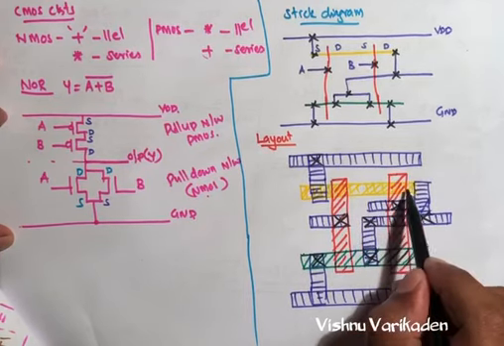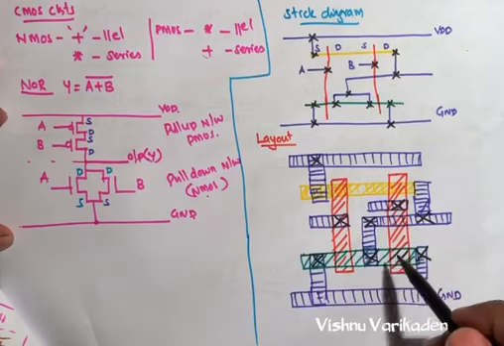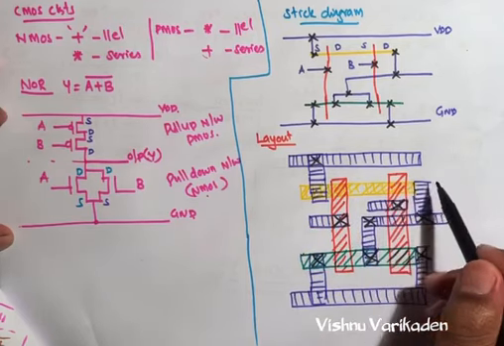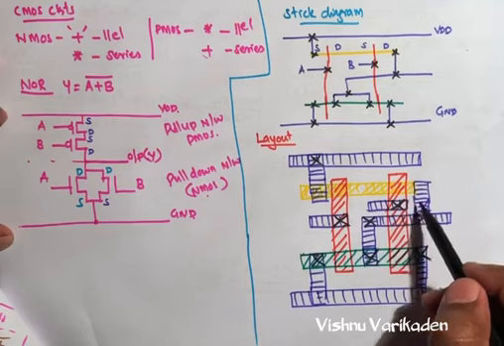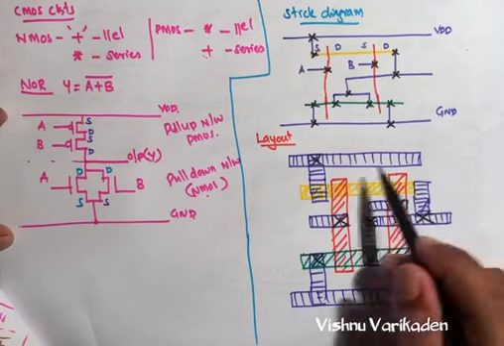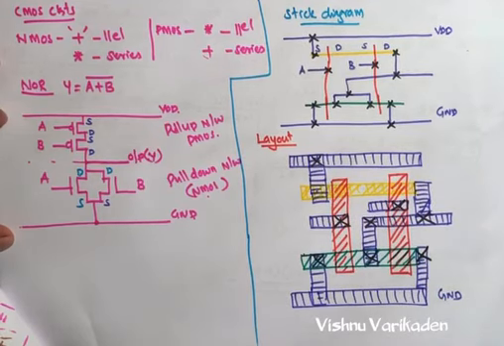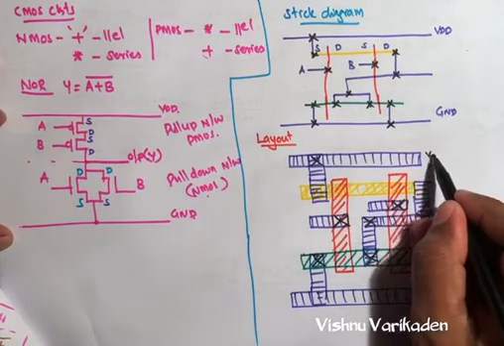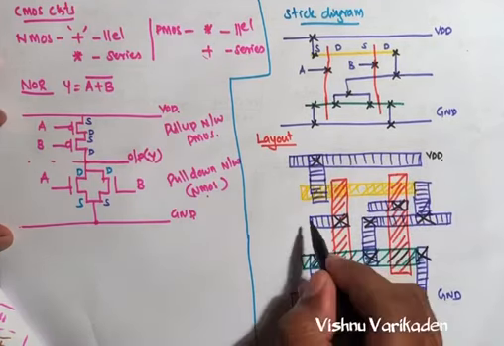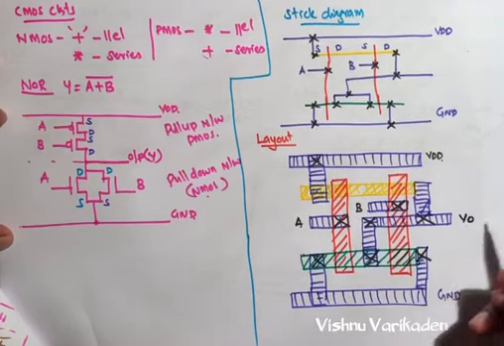Also we can make the distance between the polysilicon and the metal, and the thickness of all this. The thickness and also the distance between each layer is very important. Whenever we are using micron based, we can make this by micron based design rules. That is very important. So this one is VDD. This one is A and this one is B. So this one is our V out.